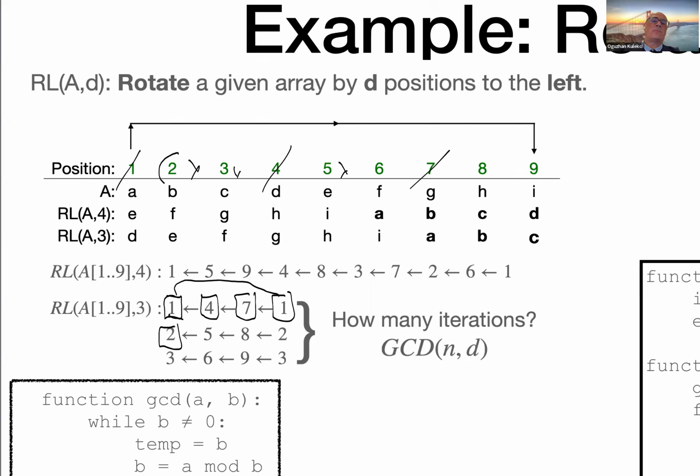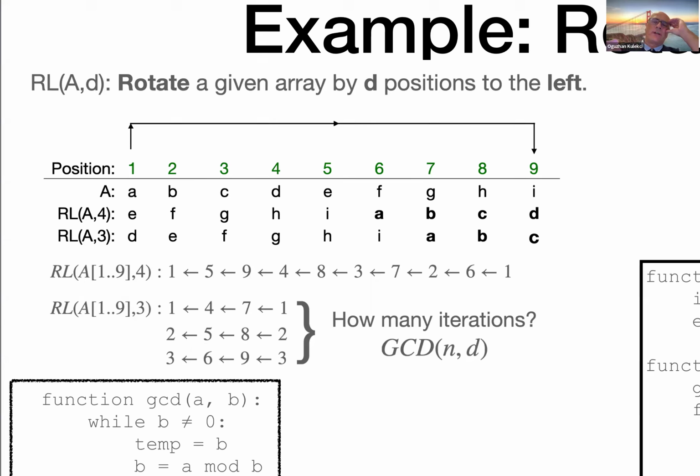Then you say, okay, so let me start by 2, 5 will go to 2, 8 will go to 5, and what will happen? 2 will go to 8. Again, that's the cycle. Once you hit that cycle, you just break it and continue with the third position. And once you have it, at the end, you will again see the cycle. But the point is, you have already rotated all 9 elements. So now you are fine.